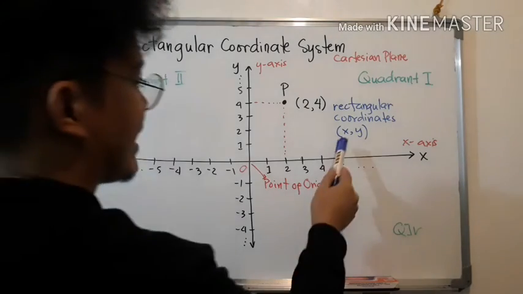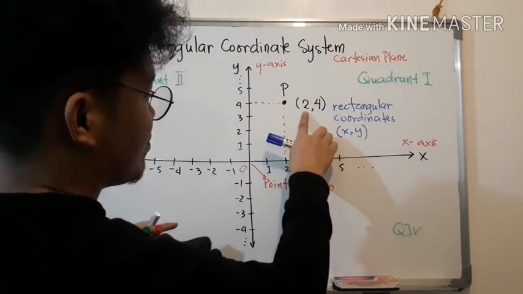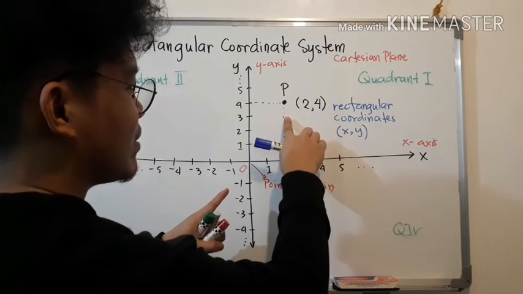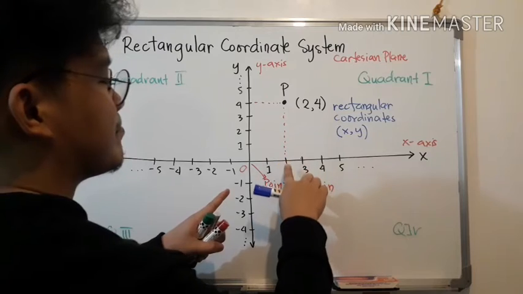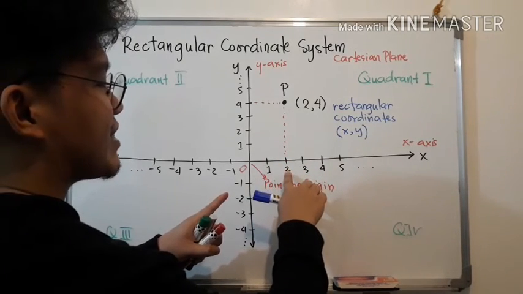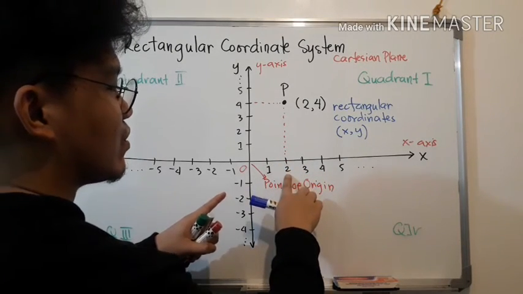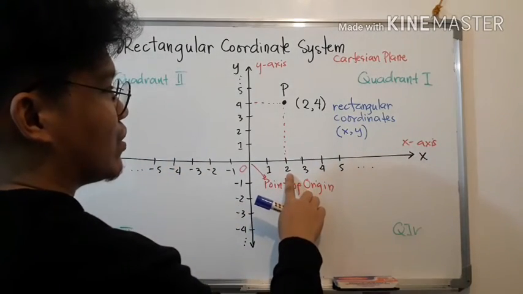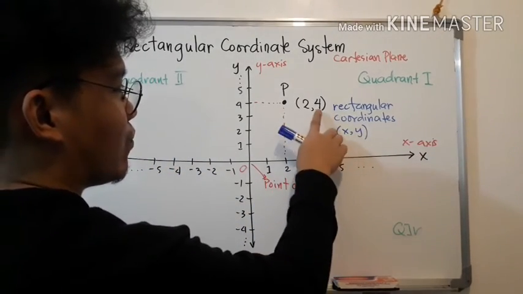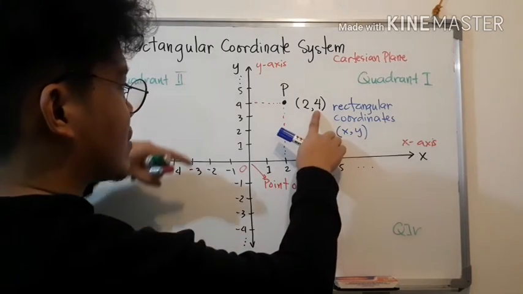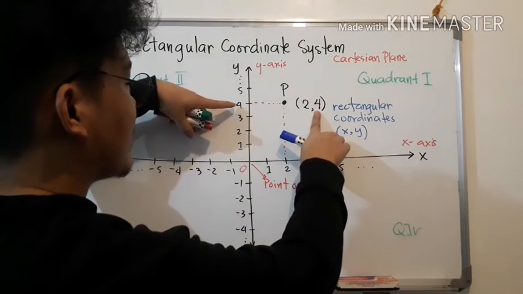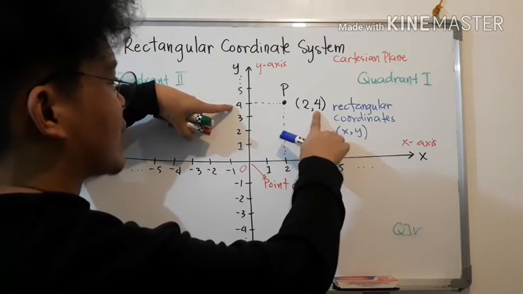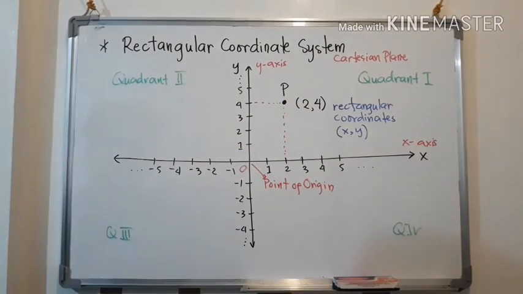Our x is 2, meaning this point corresponds to the value on the x-axis, which is positive 2. And this 4, which is our y, corresponds to the value on the y-axis, which is 4. That's it.